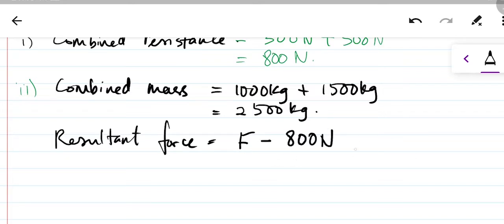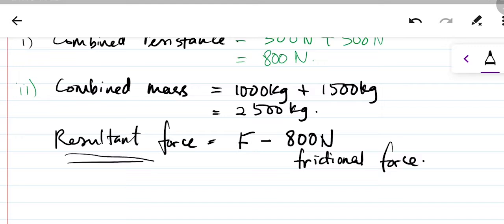The 800 Newton is the frictional force. To get the resultant force, the force that moves forward minus the 800 Newton frictional force.